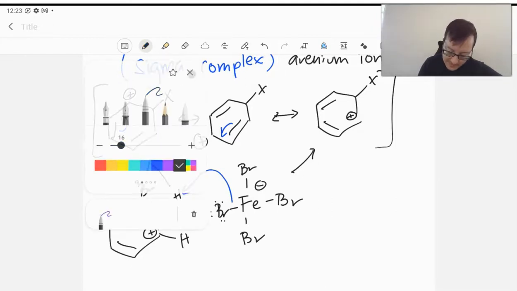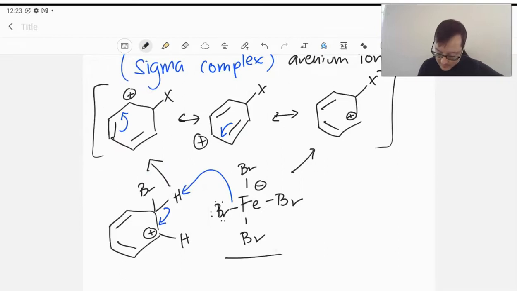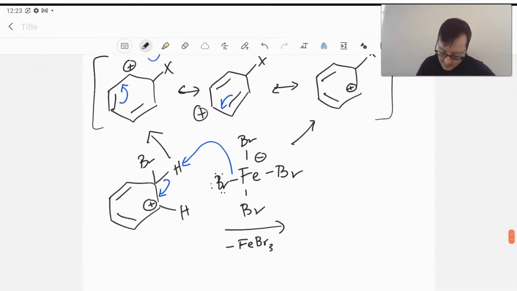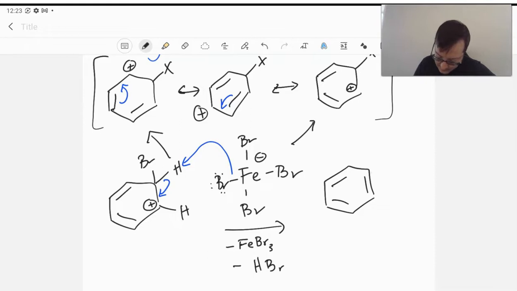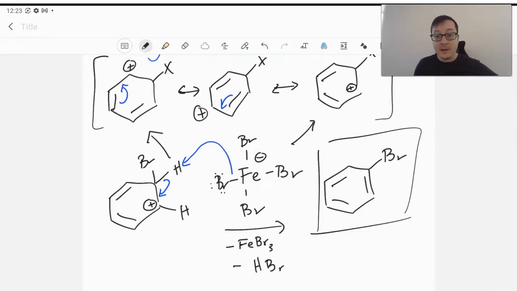And we're going to reform that double bond and restore the aromaticity. Notice our FeBr3 is regenerated. That's why it's a catalyst. It's not consumed in the reaction. It's just helping this process along. We also will lose HBr as a byproduct. But now we are left with our happily substituted benzene.